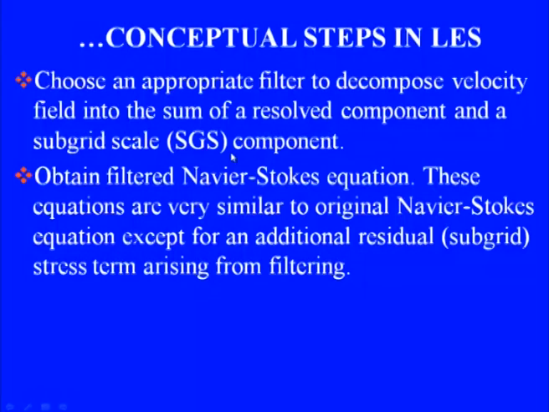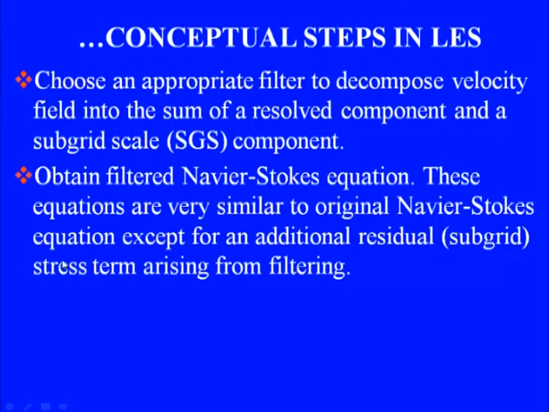So, this SGS component refers to small scale eddies, and once we have chosen a filter, we would use that filter to obtain filtered Navier-Stokes equations. Now, these equations would be very similar to the original time dependent Navier-Stokes equations, except for an additional residual term which we will call the subgrid stress term arising from filtering.